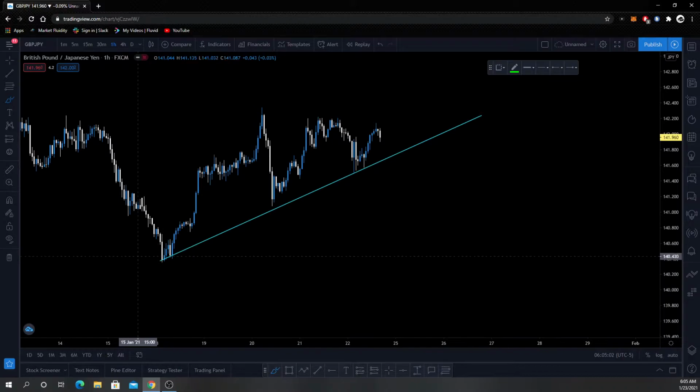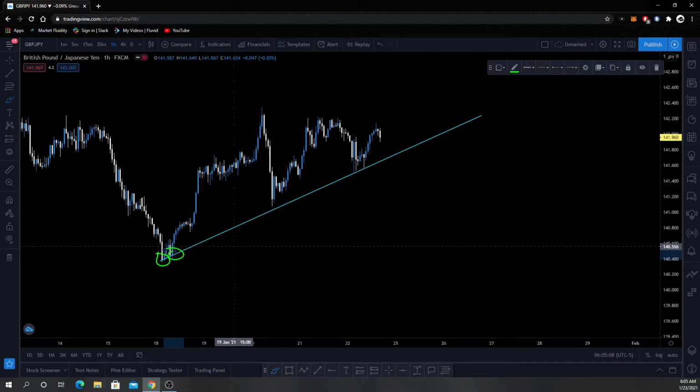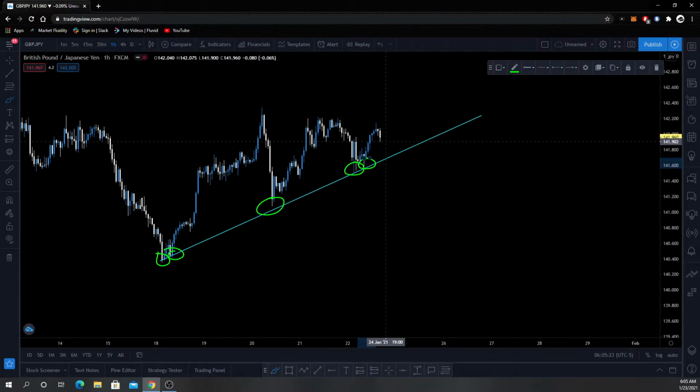You go to the lowest point, and if price touched this line multiple times, at least 2 times, then you should be fine. So the first, the second, then here you have the third time as a confirmation that the trend is still valid. Here, and then here again, and as long as it could possibly touch it again to keep moving up. So that's how you could determine trends and trend lines.